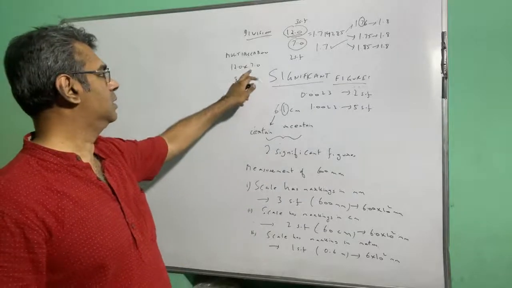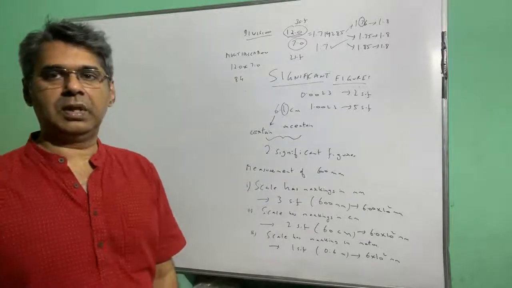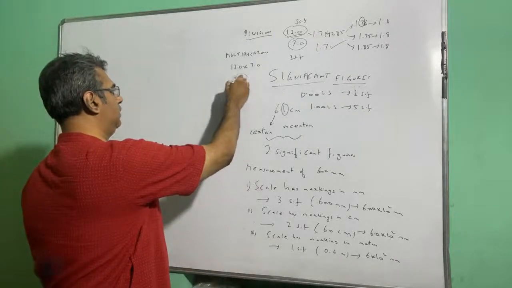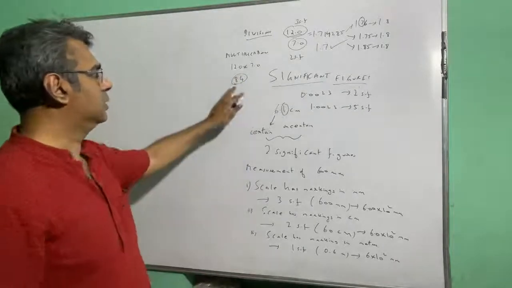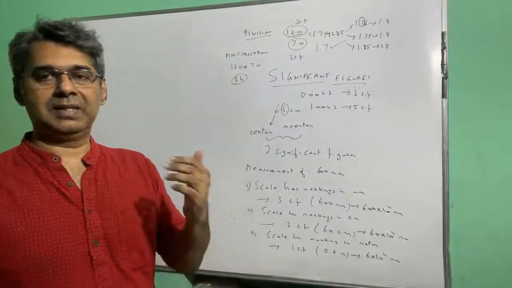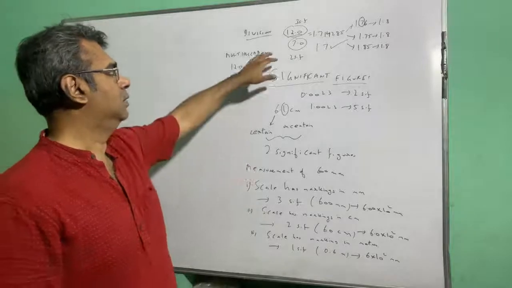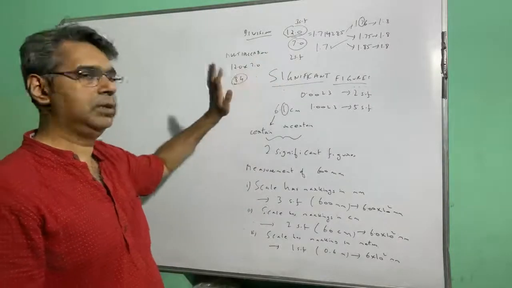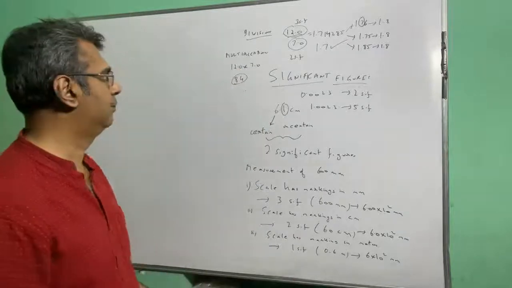So 12.0 into 7.0 will have 2 significant figures, so the answer will be 84. That's it, no decimal. The answer cannot have more significant figures than the one which has the least number of significant figures. So 12.0 into 7.0 will be 84, and that will be the answer.